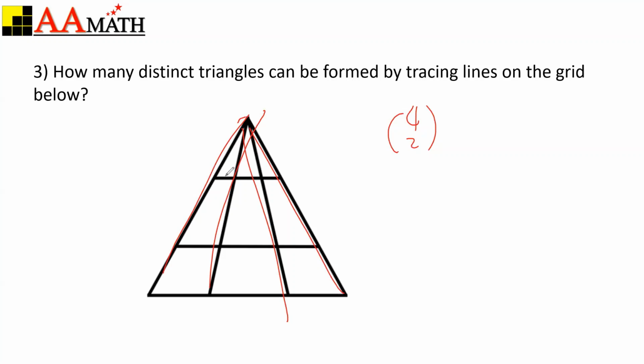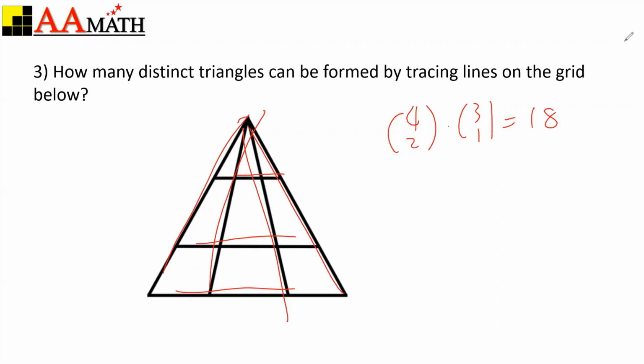Then we have 3 horizontal lines. So then we need times 3 choose 1, right? We need a horizontal with 2 slanted. We need these 2 steps to construct a triangle for this one. So this basically is 18 triangles. Right?